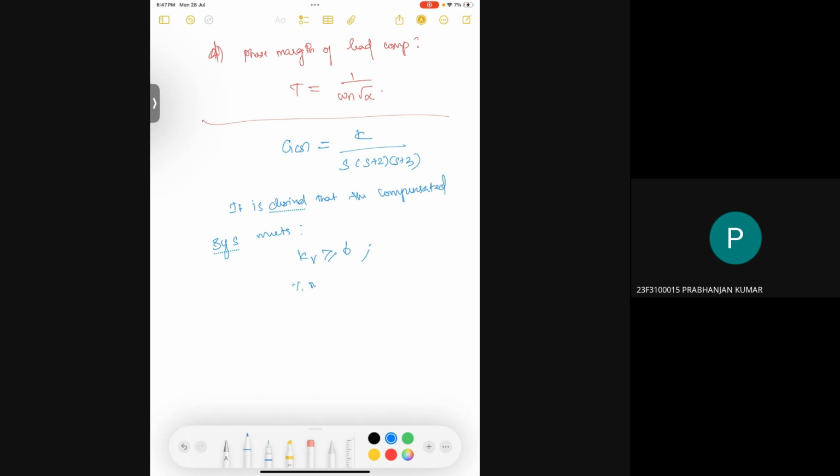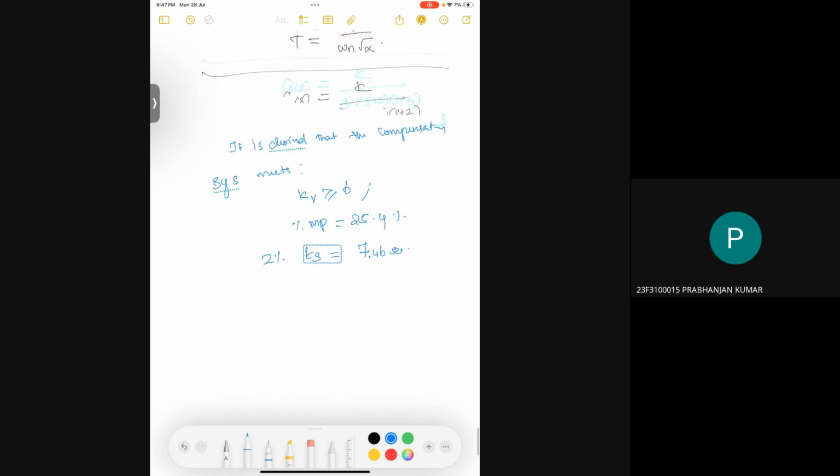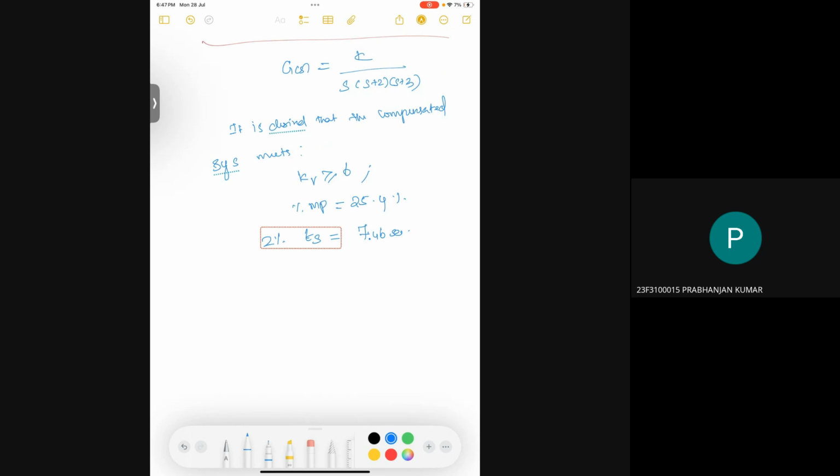And the maximum percentage overshoot should be 25.4, so it should be lesser than that. Maximum percentage is 25.4. This is the upper bound. And the settling time they have given with 2% tolerance is 7.46. So the specification on transients leads to dominant poles, s d. We have to find the dominant poles.